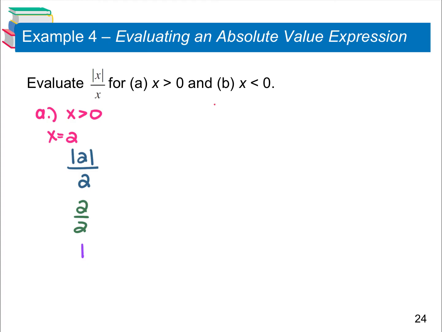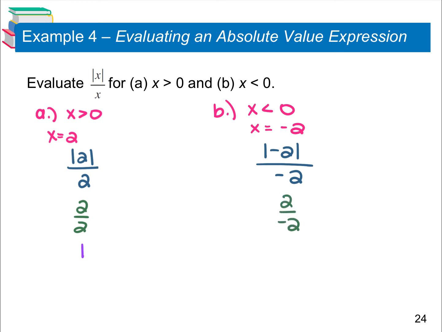For b, it tells you that x is less than 0. Pick a number less than 0. Let's use -2. So we're going to have the absolute value of -2 over -2. What's the absolute value of -2? 2.